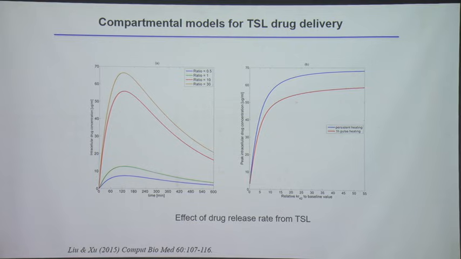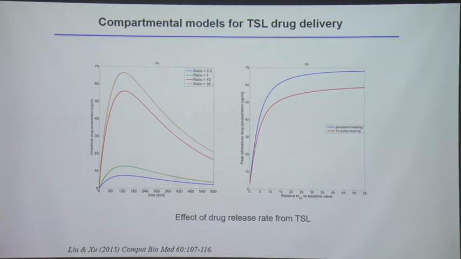Then you can look at the figure on the right. We've got two curves there. One corresponds to persistent, continuous heating, whereas the red curve corresponds to 1 hour of heating.